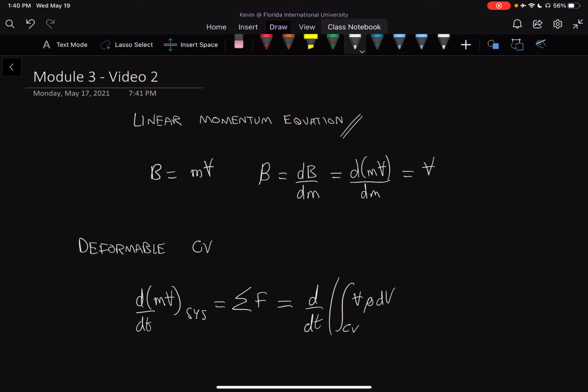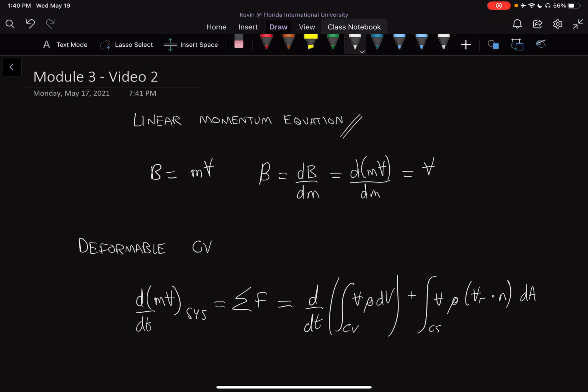We're using velocity as beta, so we have velocity in that term, plus the integral along the control surface of velocity times rho times v_r, the v relative that we described in video 1, dotted with n dA.